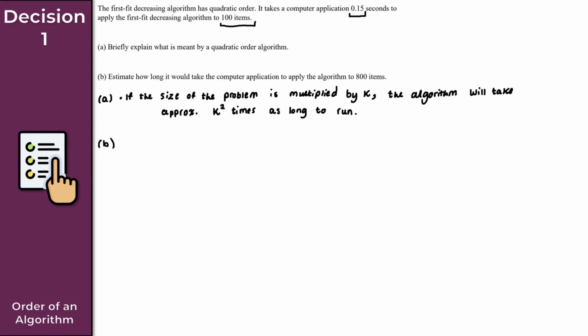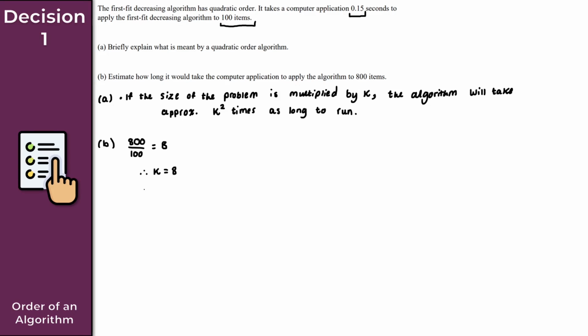In other words, what is k? It would just simply be 800 divided by 100, nice and straightforward, which is simply 8. Okay, so my factor k is 8. So therefore k equals 8.